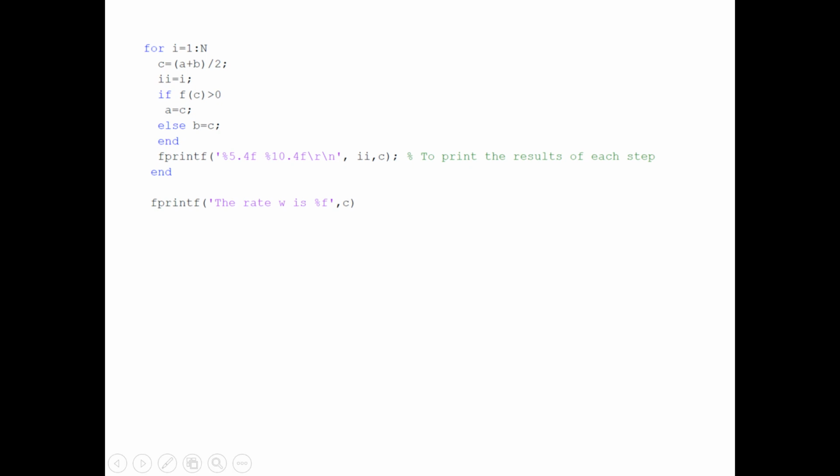Otherwise, if f of c is lower than 0, then b equals c. And then we end the if and end the for, and we request from the code to print the value of each iteration. Finally, we will request from the code to print the final value, the root w, which is the number c.